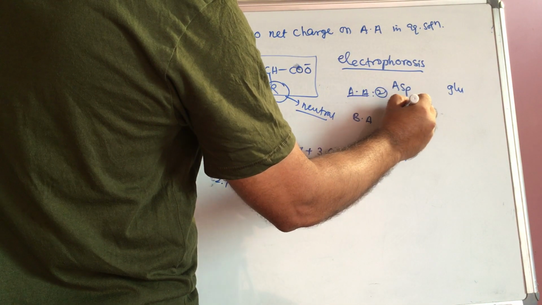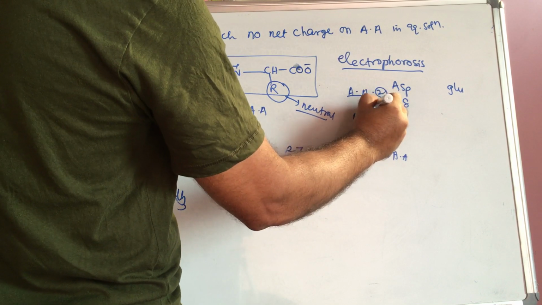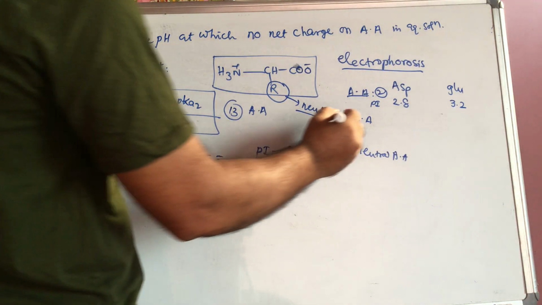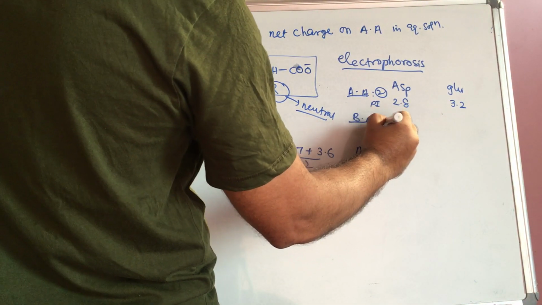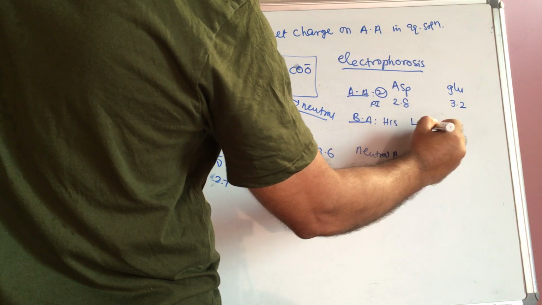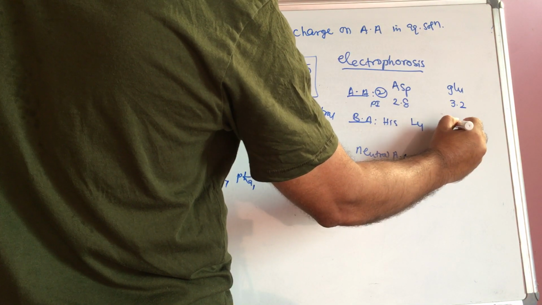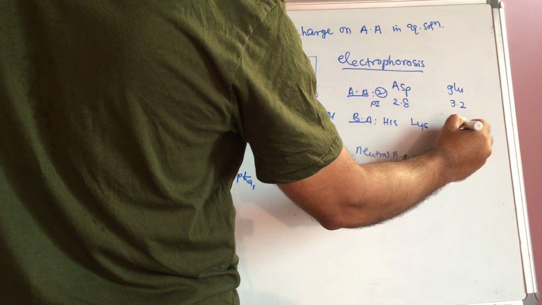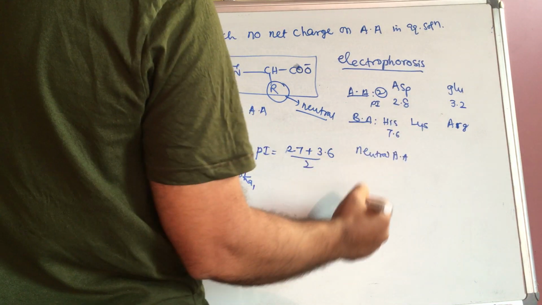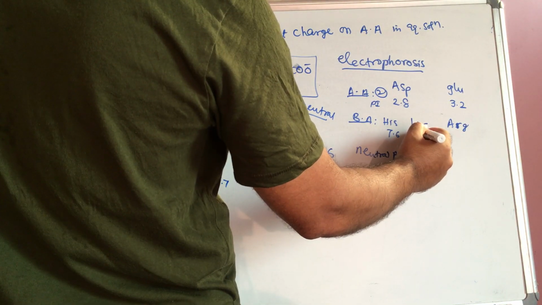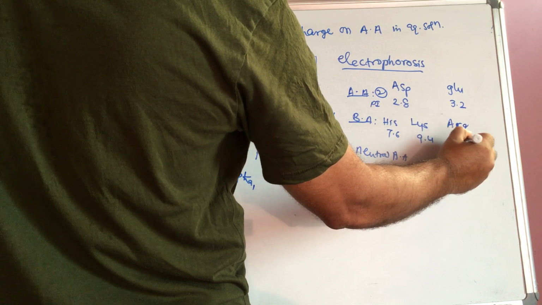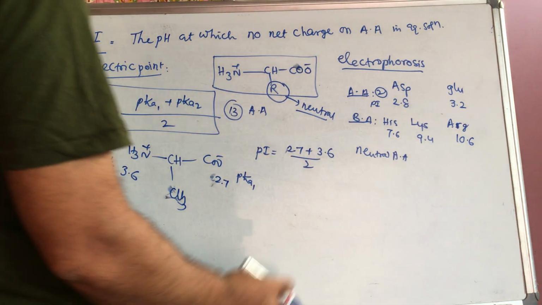Aspartic acid has nearly 2.8 isoelectric point, and glutamic acid has 3.2. Basic amino acids are histidine, lysine, and arginine. Histidine has nearly 7.6, lysine has 9.4, and arginine has 10.6.